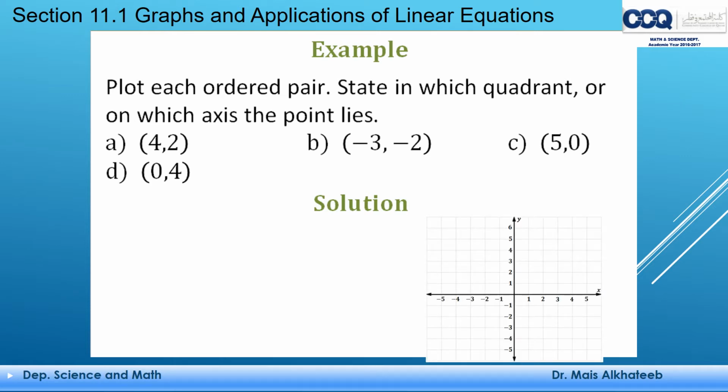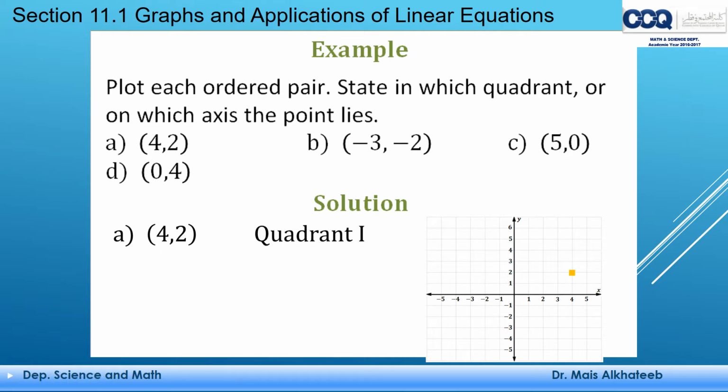This is the coordinate system with the x-axis and y-axis. The first point is (4, 2): x equals 4 and y equals 2. It lies in quadrant 1.